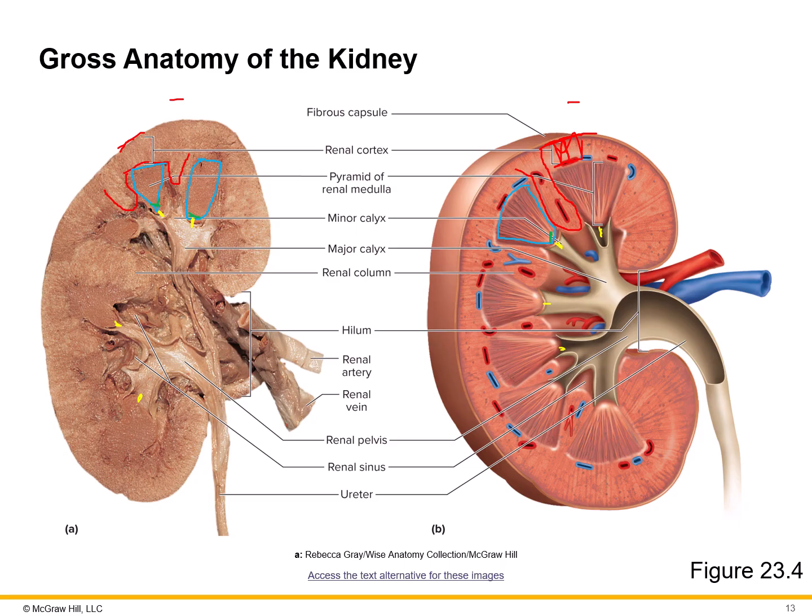Now, when you converge two of those minor calyces, here and here, here, that becomes a major calyx. Okay, here would be a major calyx, for example, right? The convergence of these minor calyces. Then, when you converge multiple of these major calyces, so here's another major calyx here, that convergence, we get the renal pelvis.